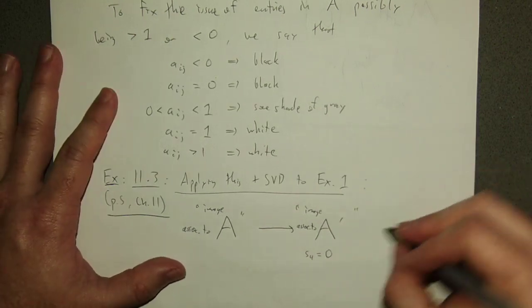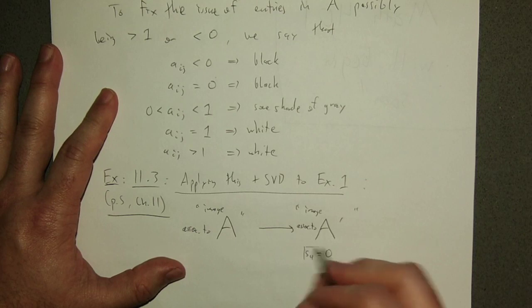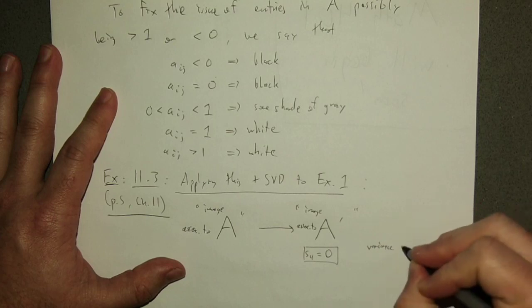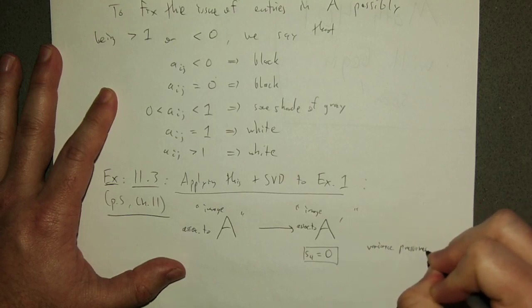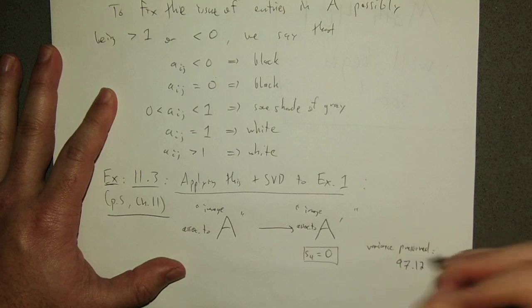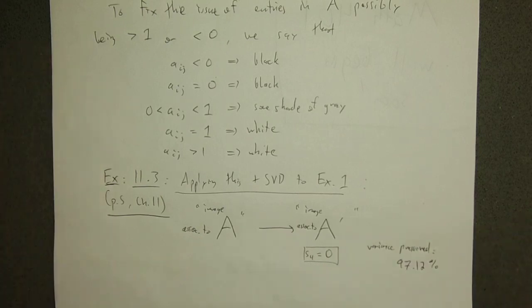And this, just from this act alone, I can compute the variance. So variance preserved in this case is 97.12%. So think of how you would compute the variance there.